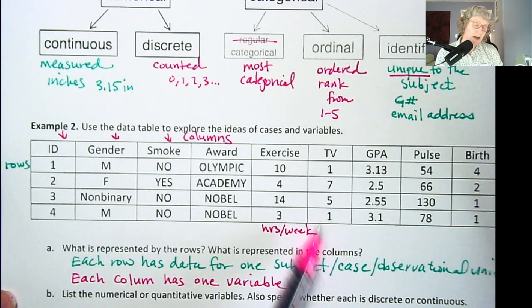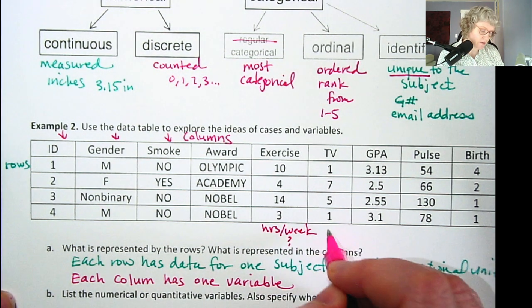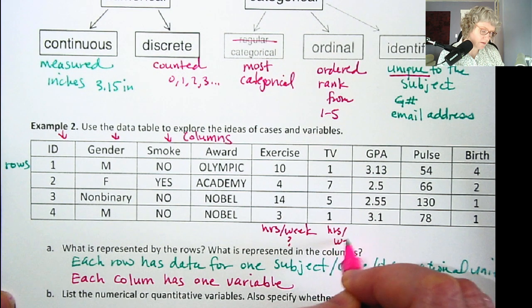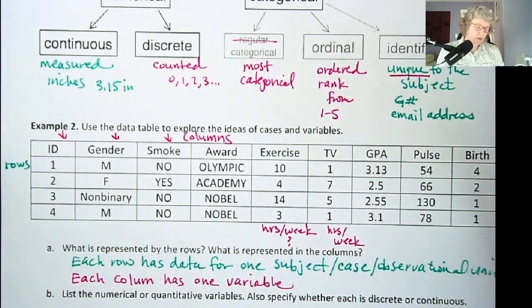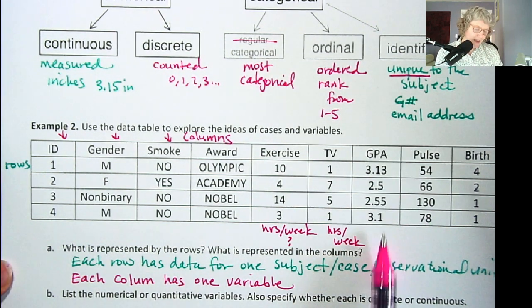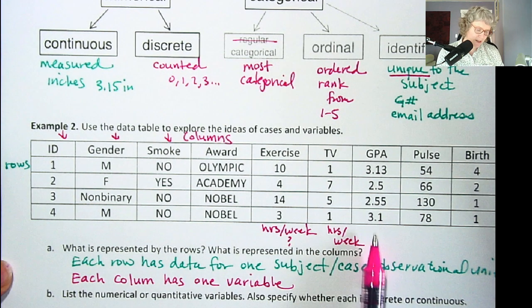Same with TV. Is that hours per week? How much TV someone watches? I'm going to put a question. Hours per day, month? I don't know. That's why units are so important. GPA, I think we can relate to that one. You can relate to that one, I'm sure, is what someone's GPA. Again, I'm assuming these are college students, so this is college GPA, but it could be high school.